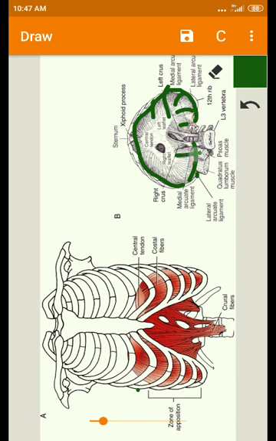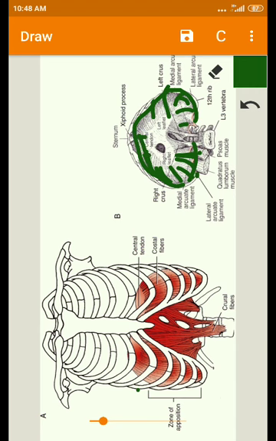You can see a number of radially oriented muscle fibers that attach proximally to the central tendon. All these fibers are attached proximal to the central tendon.